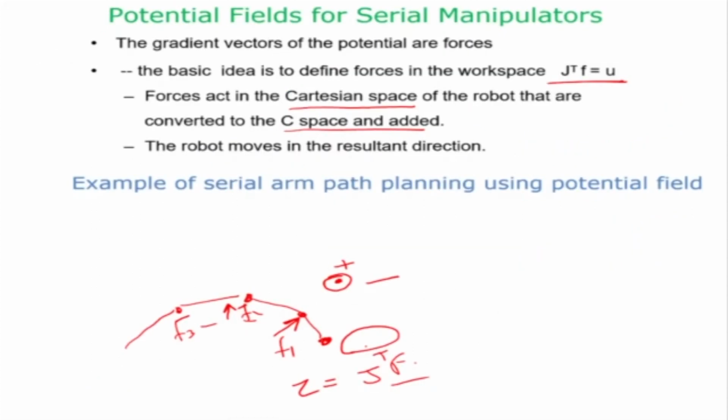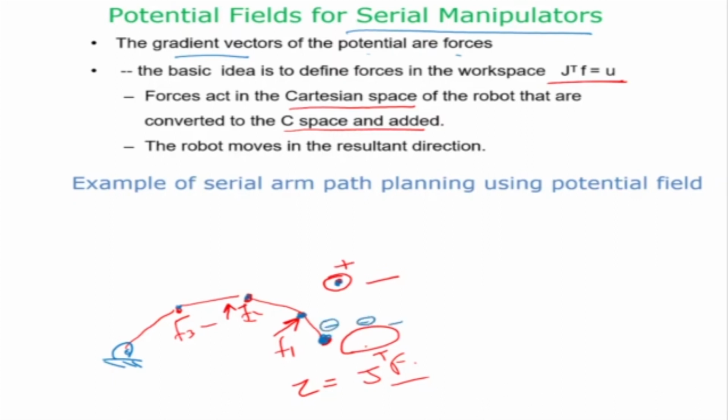Now, exactly the same thing we do in the case of serial manipulators. We know that the gradient vectors of the potentials are forces. So the basic idea is to define forces in the workspace. That means if this is a manipulator, I choose these points, one point here, one here, one here, one here, and say these are the forces acting because of an obstacle. Now suppose I want to go from here to here. I will assign potentials here, this is plus, this is minus.